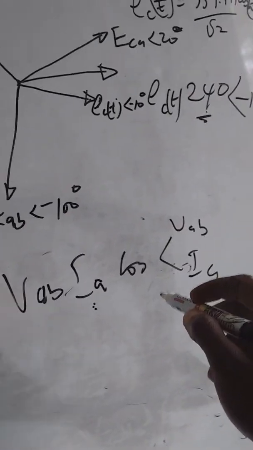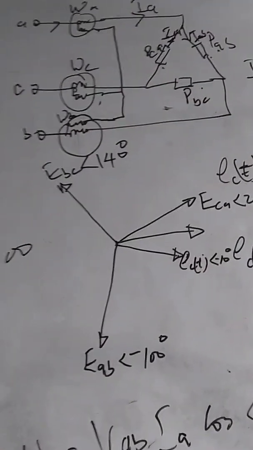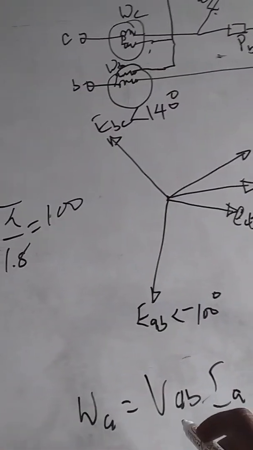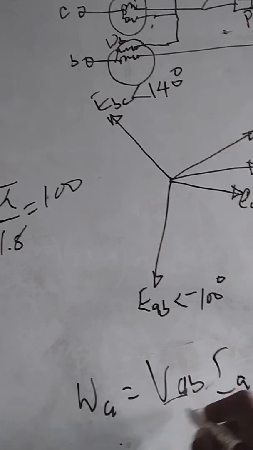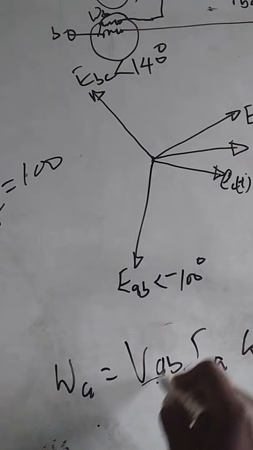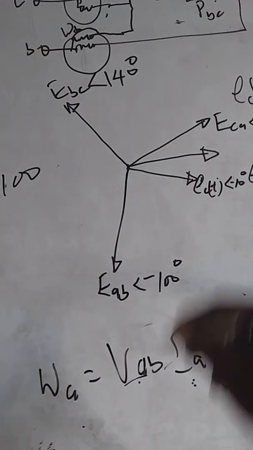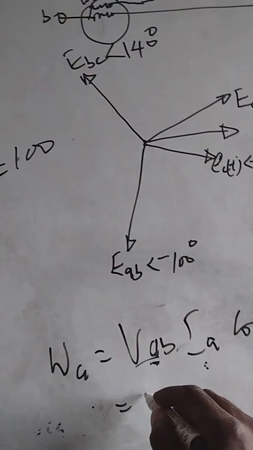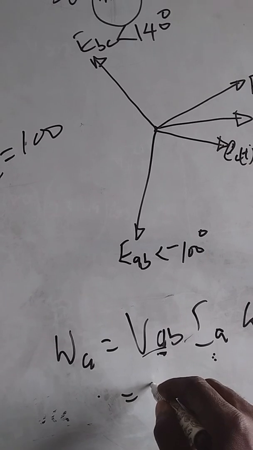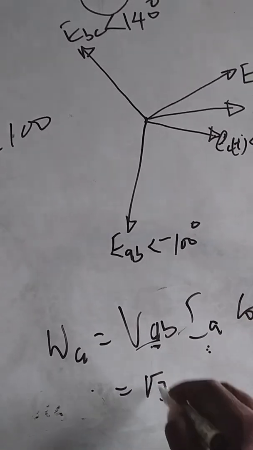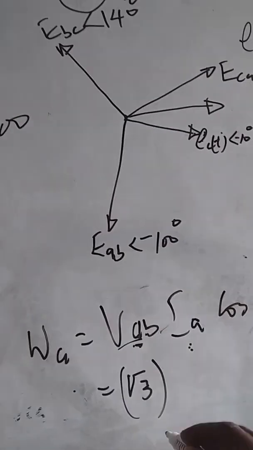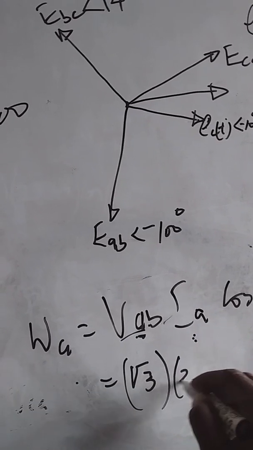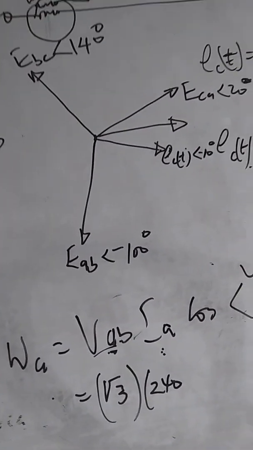But this time around, you can see that the voltage there, when you find your VAB here, don't forget that your VAB is a line voltage. So you are given phase voltage, that means you have to multiply by √3 to give you line 240 in this instance.